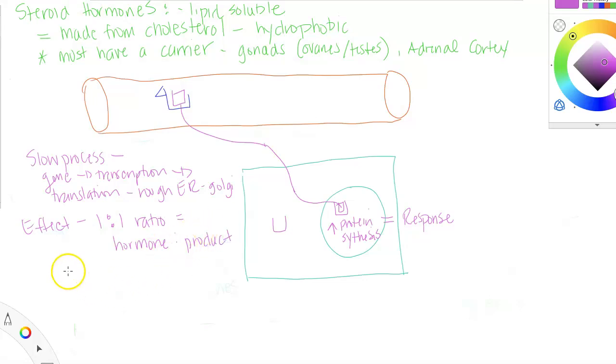Basically that means one hormone equals one protein. So this can't be amplified. If we want more proteins, you got to send more hormone. You want 2 proteins, 2 hormones, 3 proteins, 3 hormones, and so on. It cannot be amplified. You have to send more hormone for each protein synthesized.